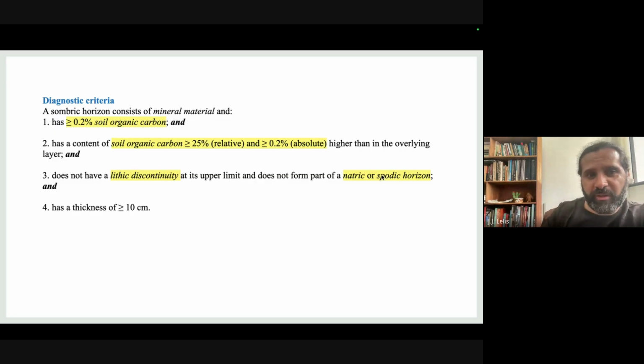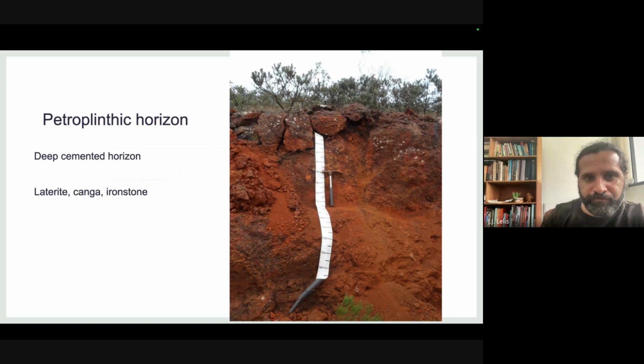And people are still working on them. We also have the petroplintic horizon, and the petroplintic horizon is a horizon that was strongly cemented by iron.